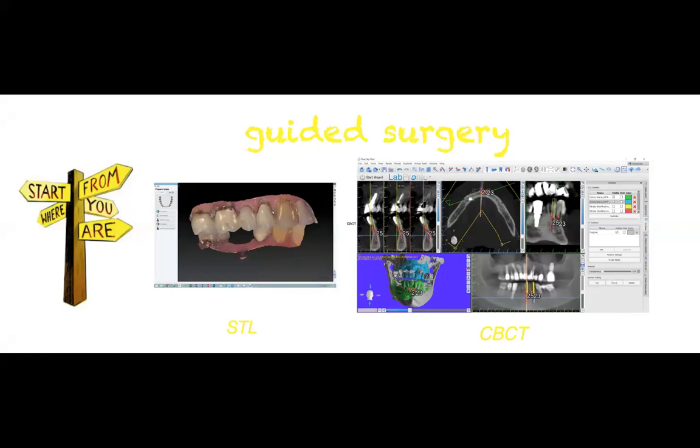So in order for us to create a guided surgery, whether you want to do it yourself or send it to a company to do it for you, you need the CBCT as well as the STL. Those are the two pieces of information that you're going to merge together to create your guide.